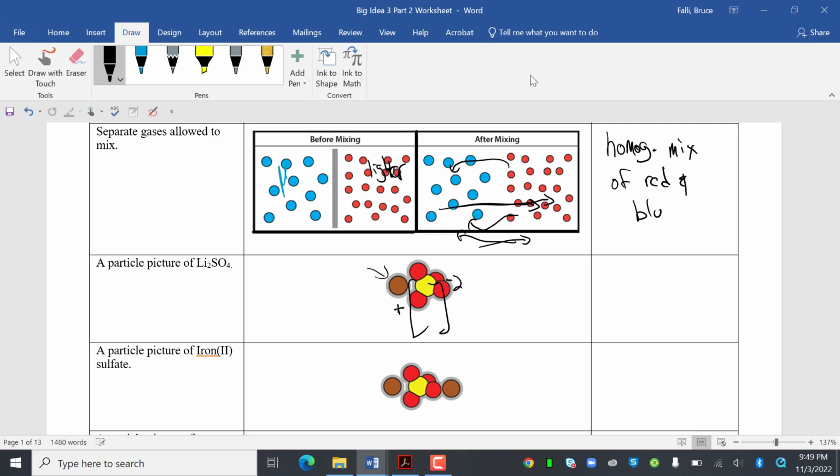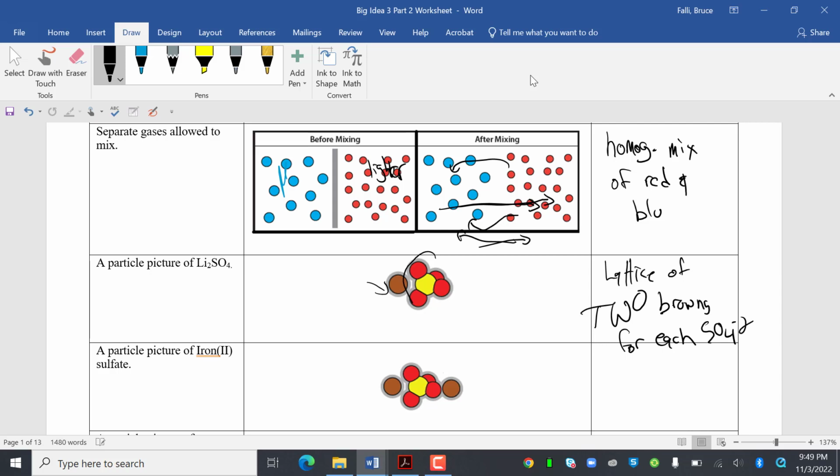And the other one should be a particle picture, should be many of them. So this doesn't look the way I want it to. It should be a lattice of 2 browns for each SO4. And this is my SO4.